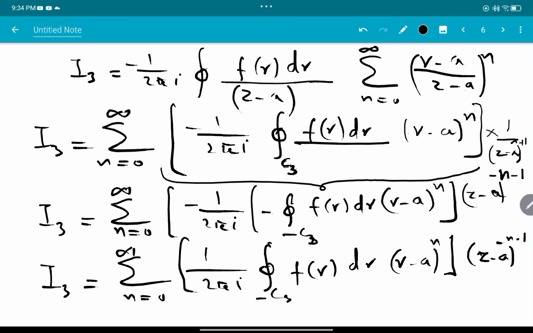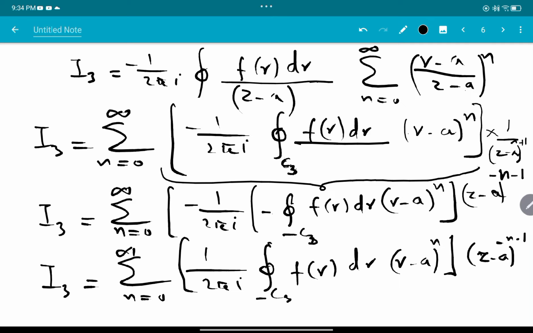I3 is equal to sigma n equal to 0 to infinity, and then 1 by 2 pi i integral over minus C3 of f gamma d gamma into gamma minus a raised to n into z minus a raised to minus n minus 1. Okay, now I will use this and write it here.